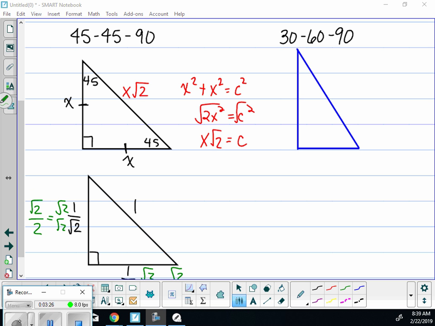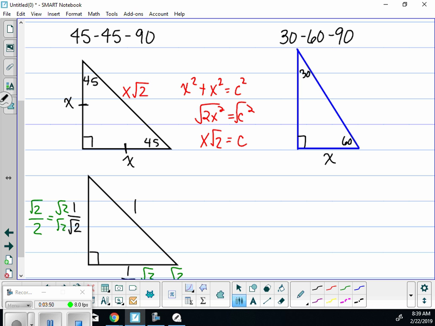A 30, 60, 90, typically we work off the shortest leg. Okay. So we typically call this some variable.